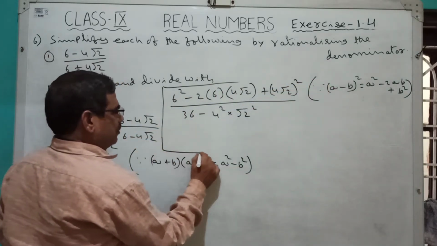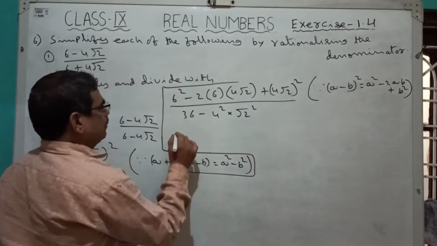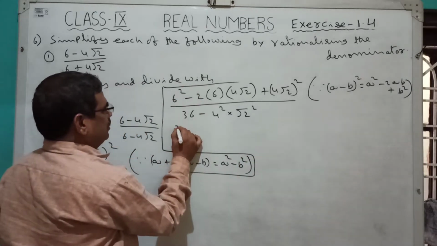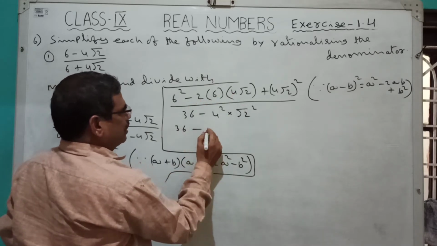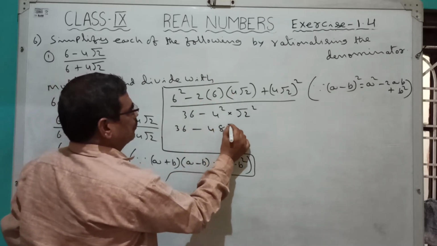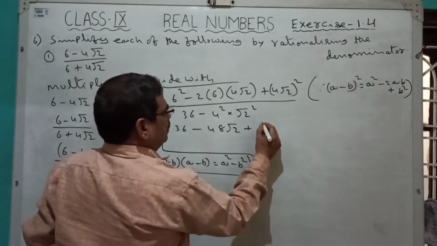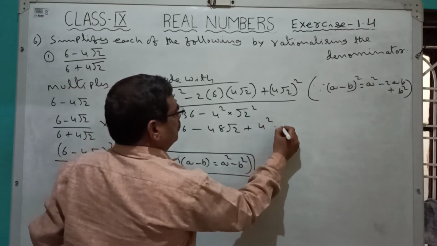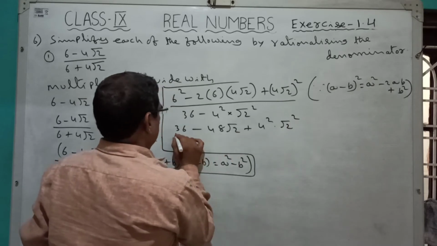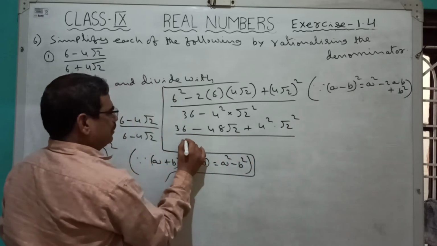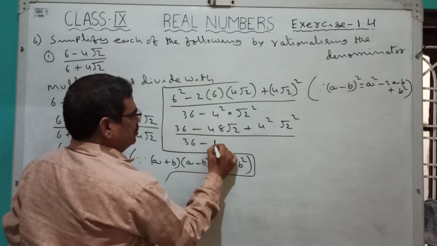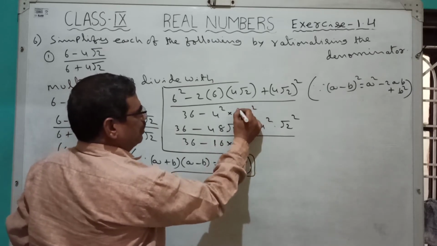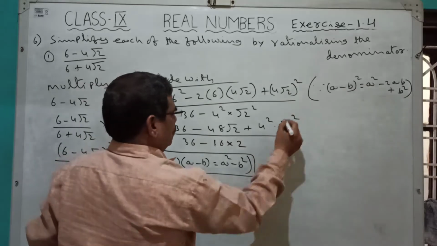So, in the numerator, 6 square means 36, minus 2 6s are 12, 12 4s are 48 root 2, plus here also 4 square into root 2 square. In the denominator, 36 minus 4 square means 16 into square root 2 will get cancelled.